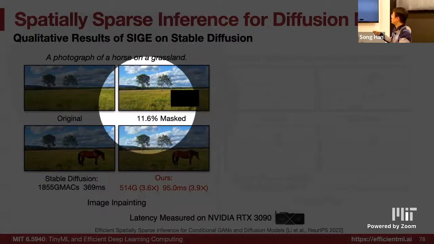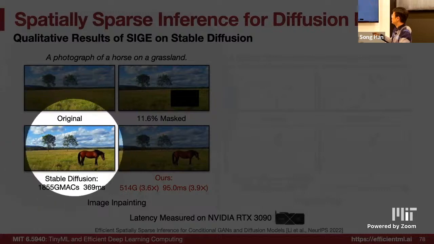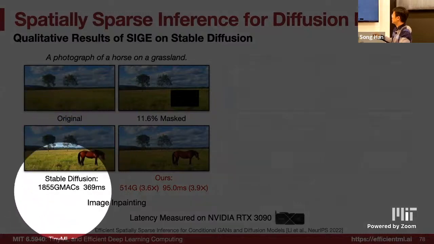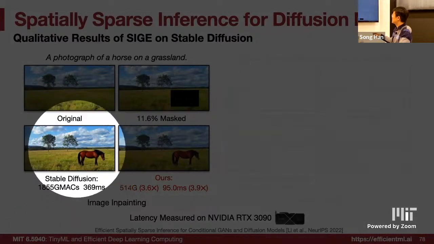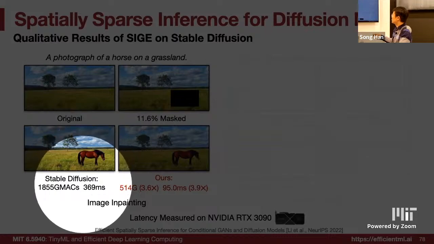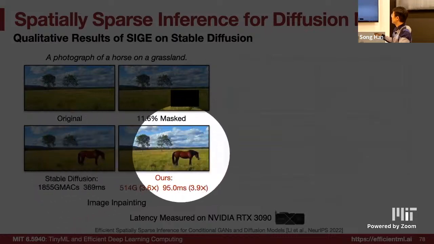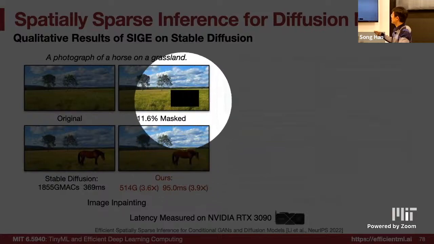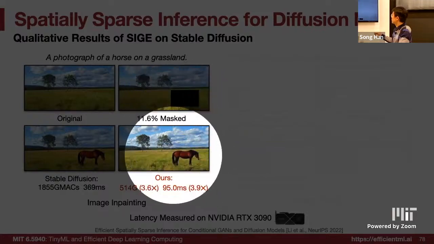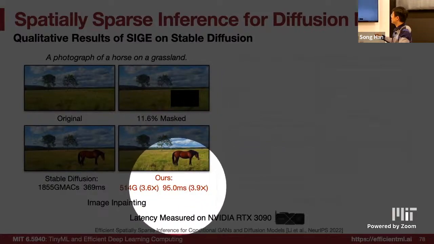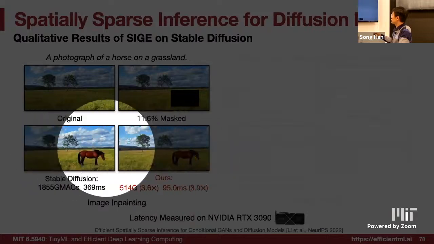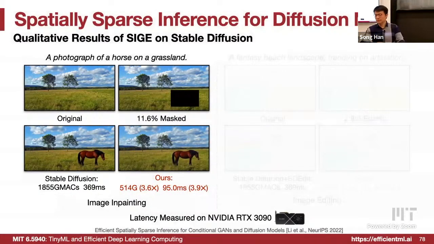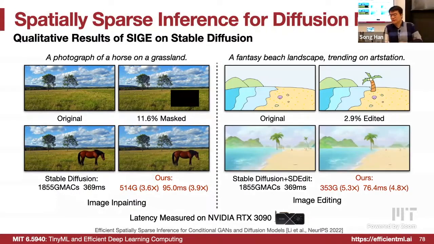Without this approach, we need to generate the entire output image, which takes a lot of compute and is pretty slow, 300 milliseconds. Now we only generate the masked region, which is 3 times faster, 4 times faster, and the quality matches very well with the original input. So this is another example.